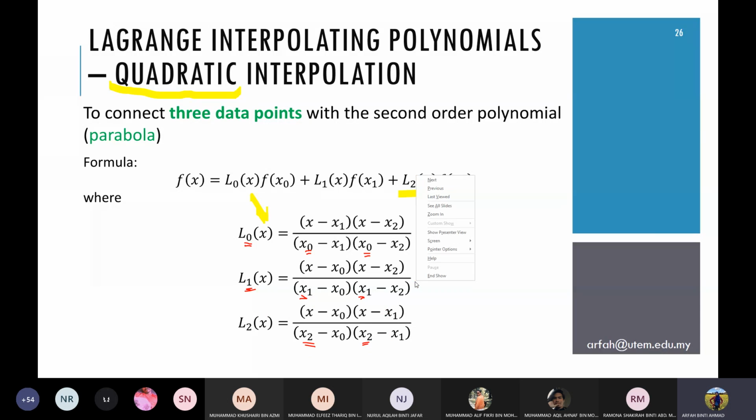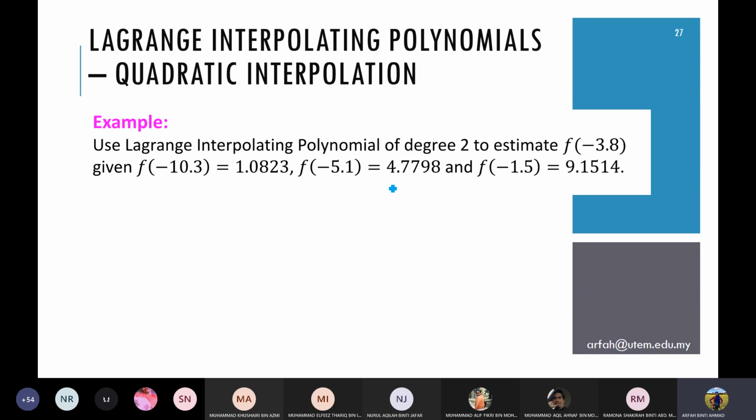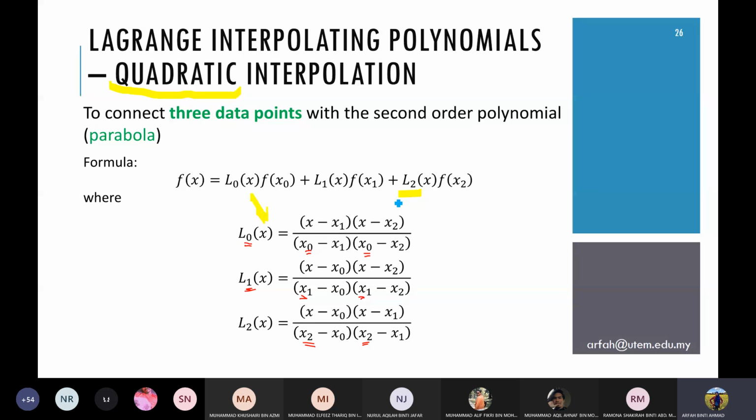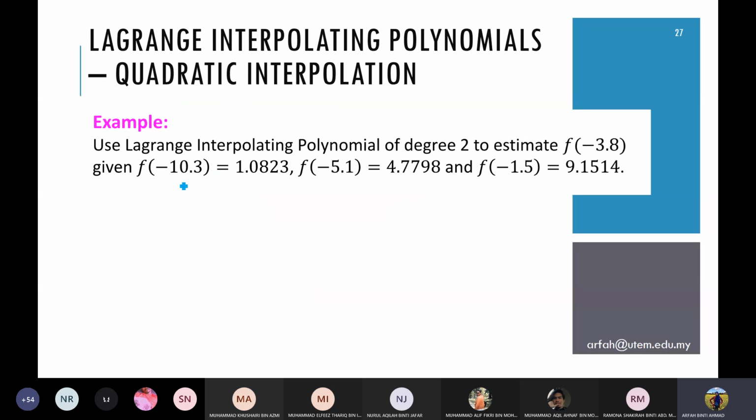So this is the second order polynomial for the Lagrange interpolation. So from here, katakan kita nak gunakan second order polynomial, you were given 3 points.